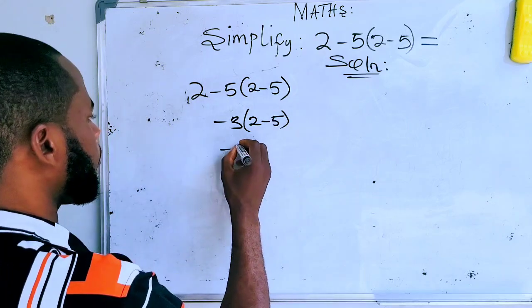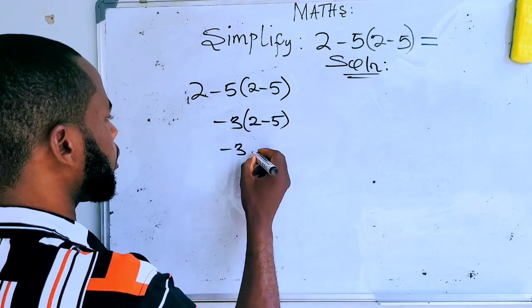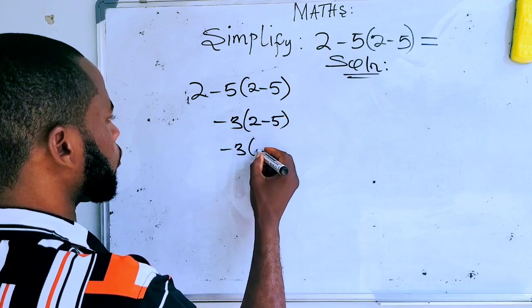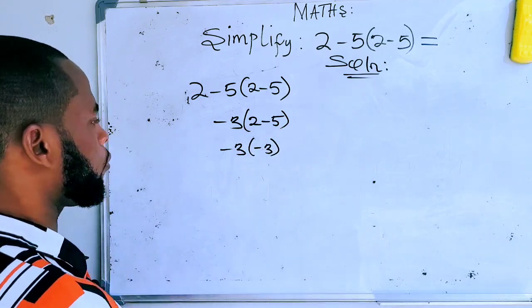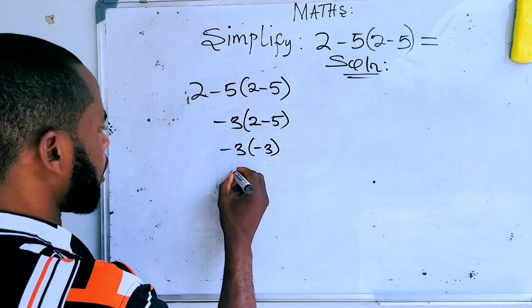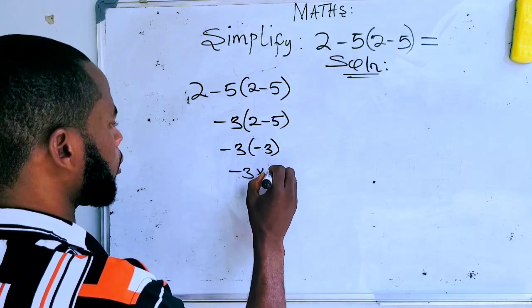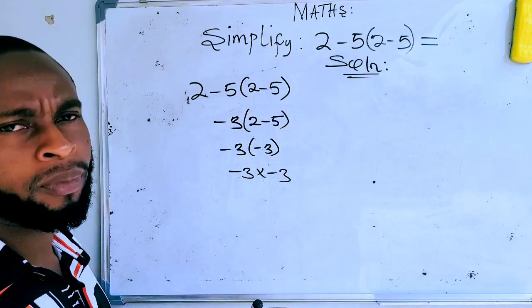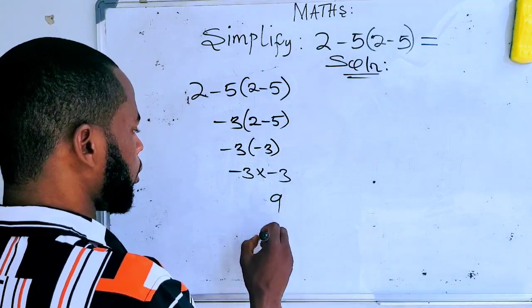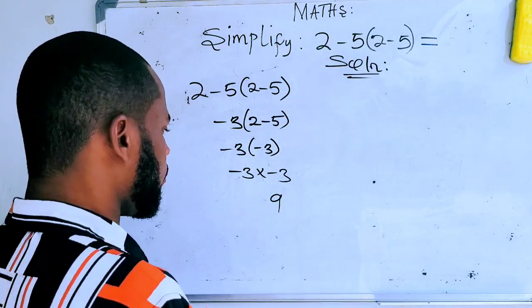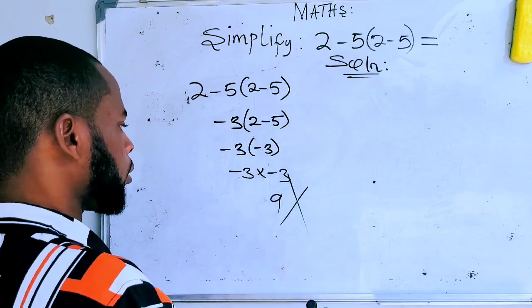Then again, minus 3 into 2 minus 5, that gives minus 3. Then this implies minus 3 times minus 3, which will give 9. But this is the wrong approach.